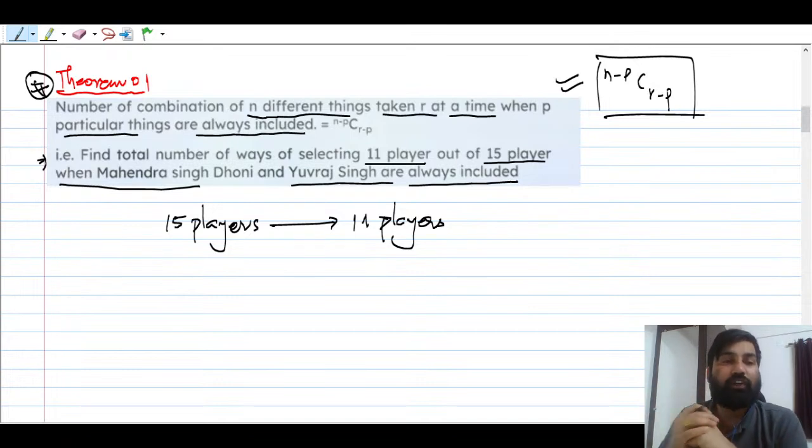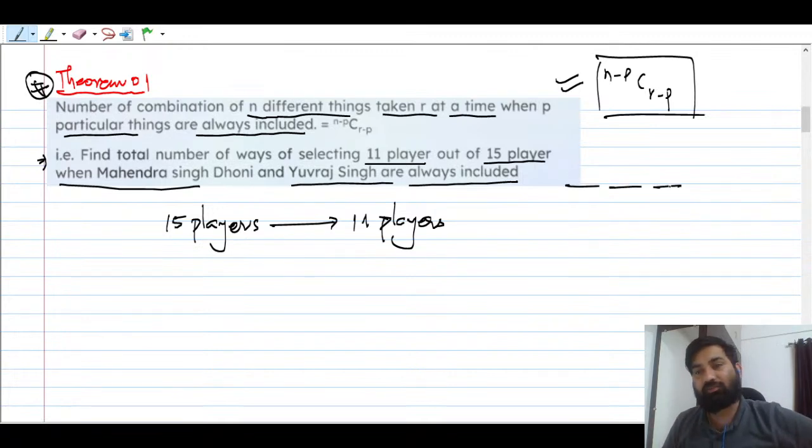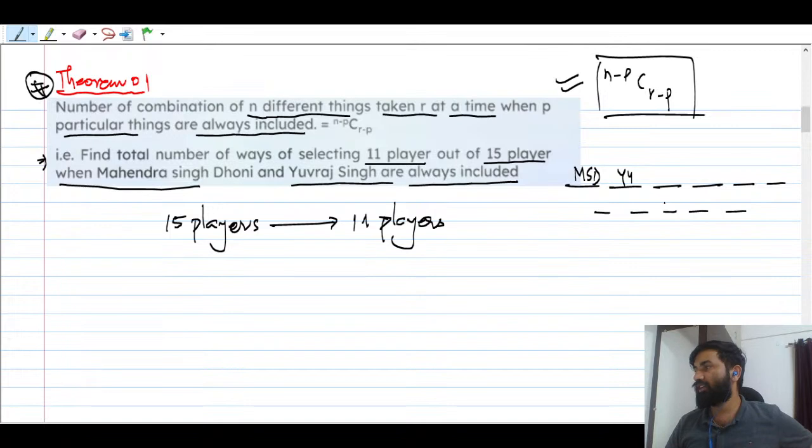First, find the total number of ways of selecting 11 players out of 15 players when Mahendra Singh Dhoni as well as Yuvraj Singh are always included. Suppose these guys, MSD and Yuvraj, are always there. Now 1 2 3 4 5 6 7 8 9, 9 players you have to choose. So these are the 9 players that you have to select.